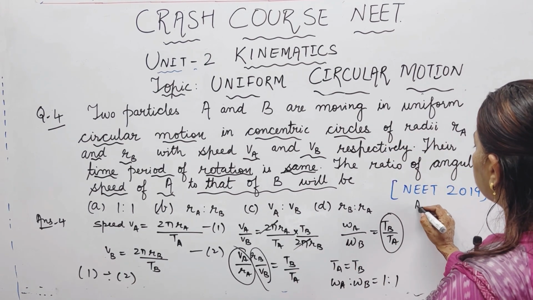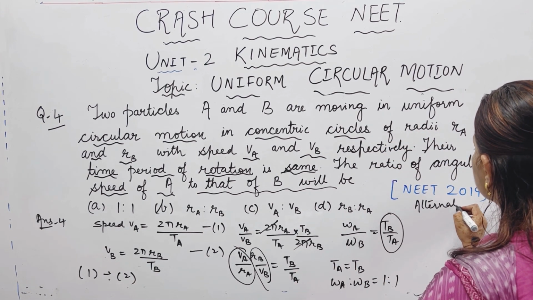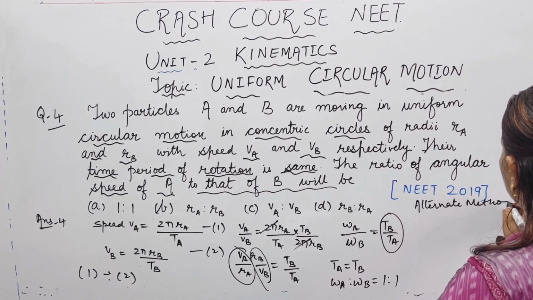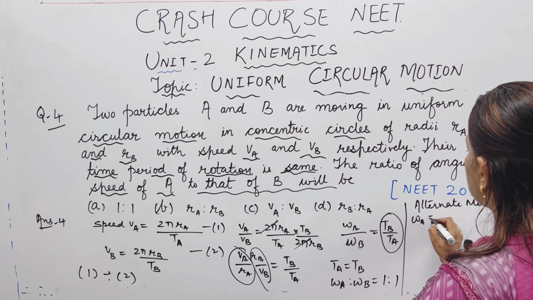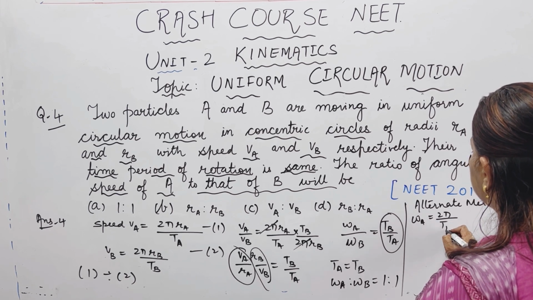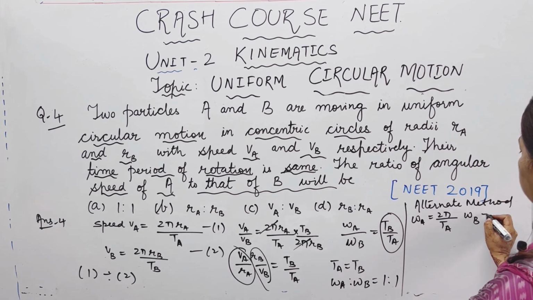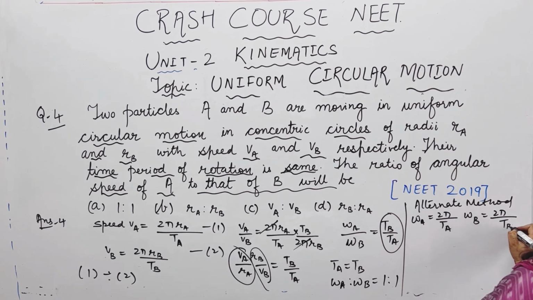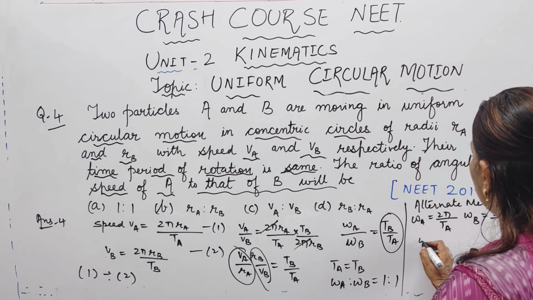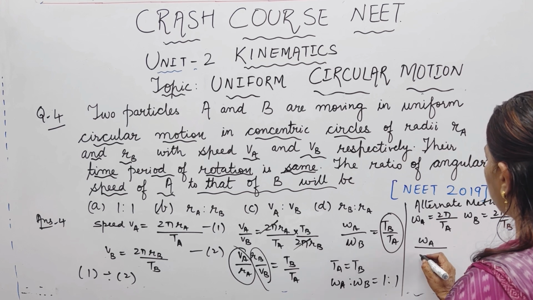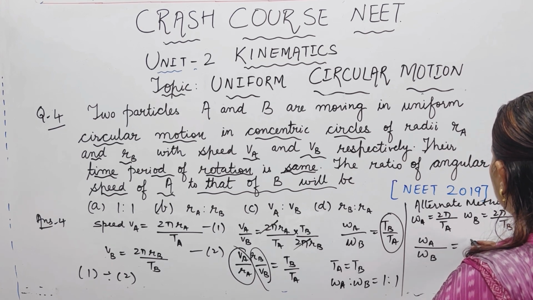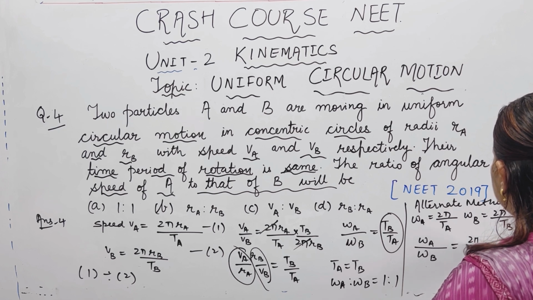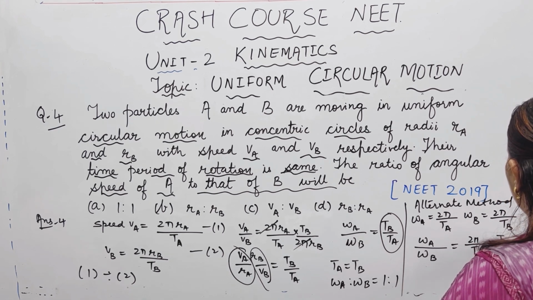There is an alternate method also to do this question. We know the angular velocity is equal to 2 pi by T. So we can directly write this relation, and when we divide them, the angular velocity for A and the angular velocity for B, this is equal to 2 pi TB upon TA into 2 pi.